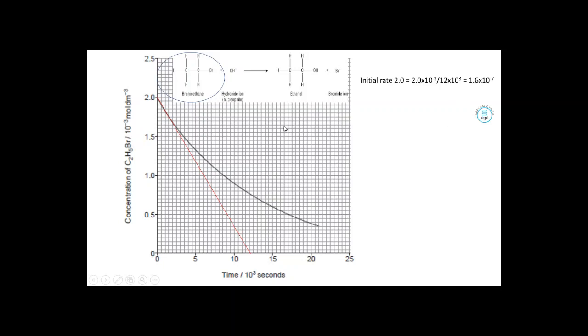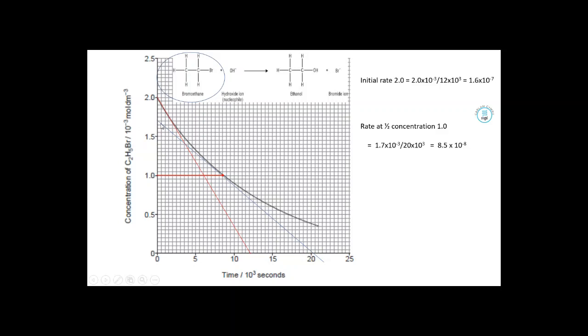Now I'm going to look at my rate at another concentration. I specifically chose my rate at a concentration of 1 mole per decimeter cubed, and there's a good reason for that. It's half the concentration of my other rate. So I'm going to work out my rate again, taking my gradient.